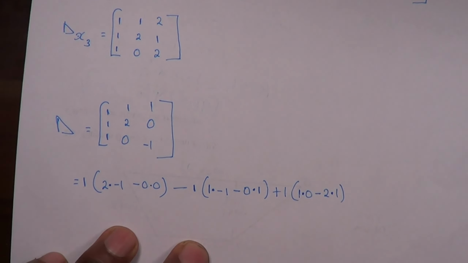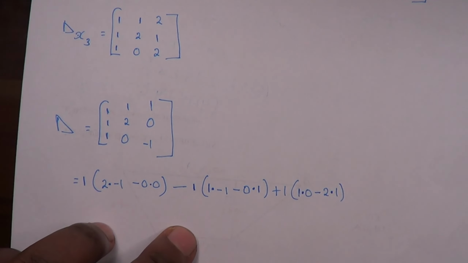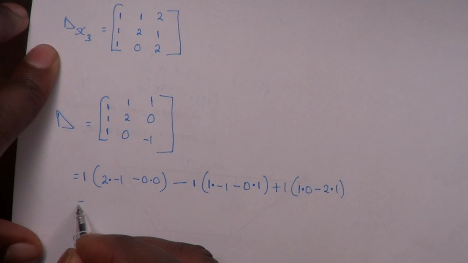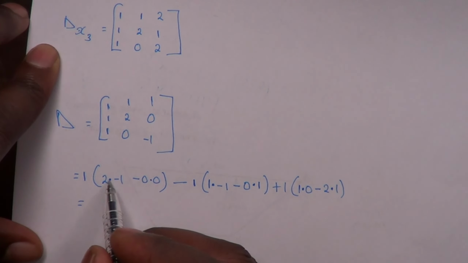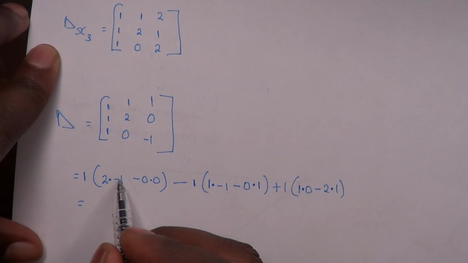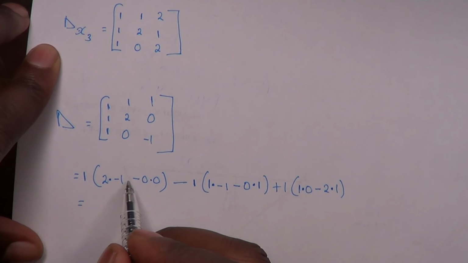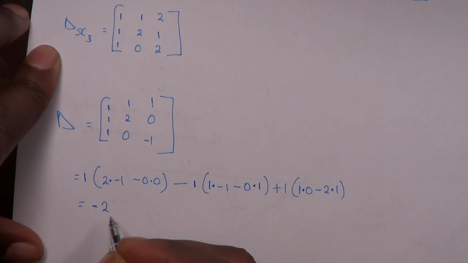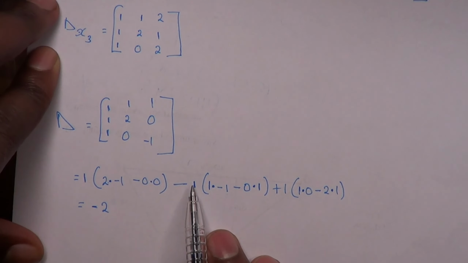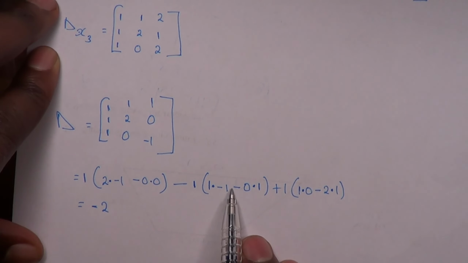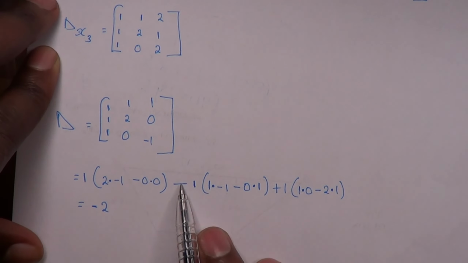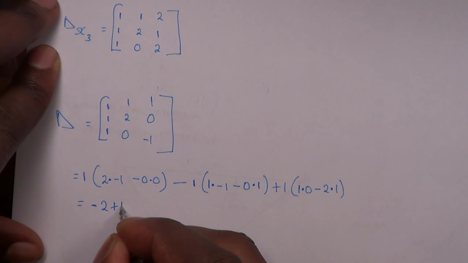So here it will be, let me start with this one. 2 times negative 1 is negative 2, negative 2 minus 0 is negative 2, negative 2 times 1 is negative 2. The next one: 1 times negative 1 minus 0 times 1 is negative 1, negative 1 times minus 1 gives plus 1.